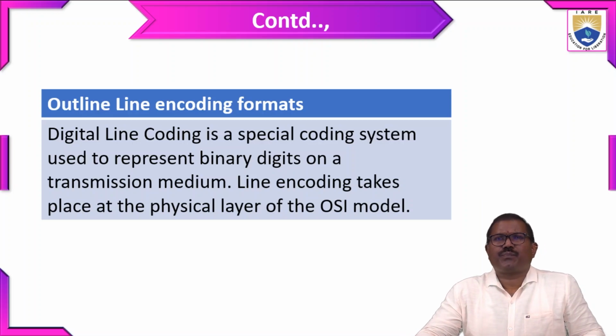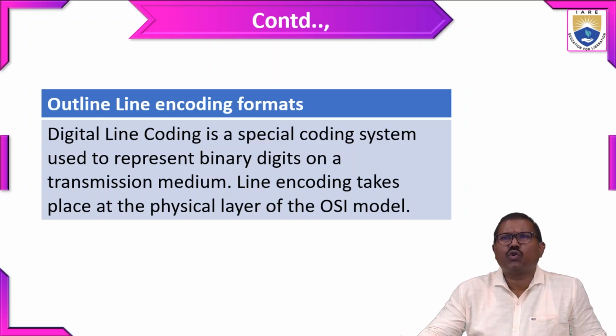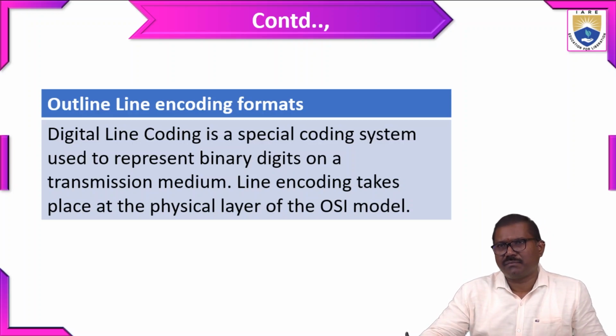Second one, outline line encoding formats. Digital coding is a special coding system used to represent binary digits on a transmission medium. Line encoding takes place at the physical layer of the OSI model.